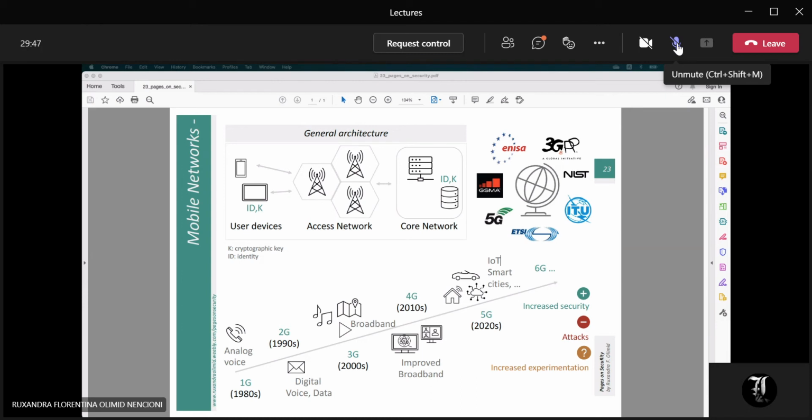Before, we wanted specialized hardware for whatever, because it's faster, easier, better, and so on. Now in 5G, we say we don't want that anymore. We want hardware that is flexible, where we can put whatever on top of it. So basically, I do everything in software, or as much as I can.